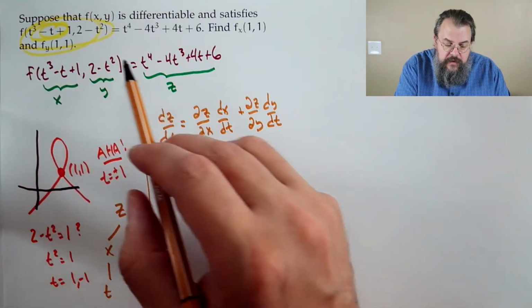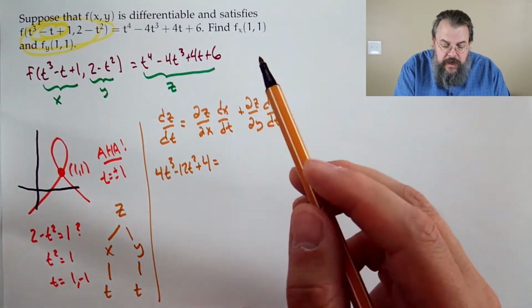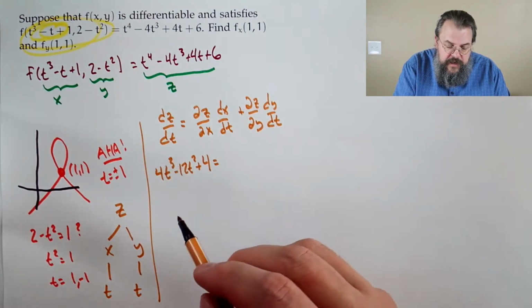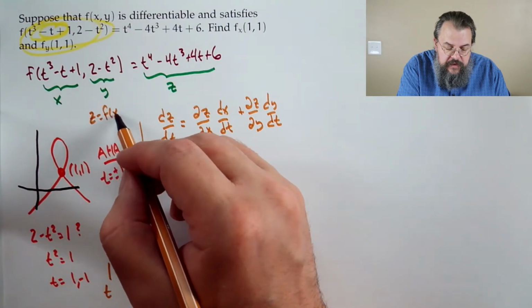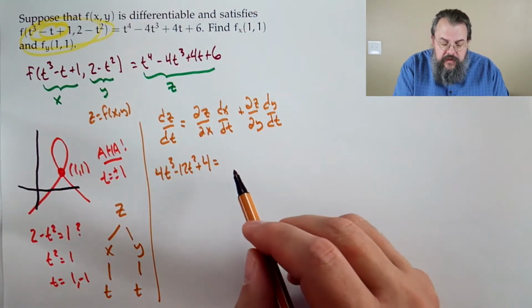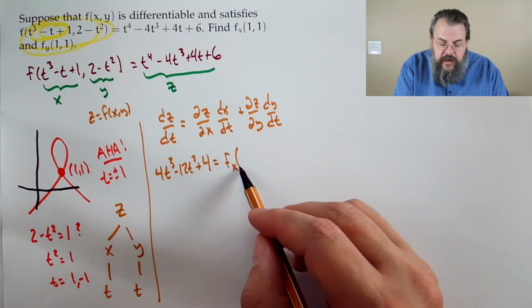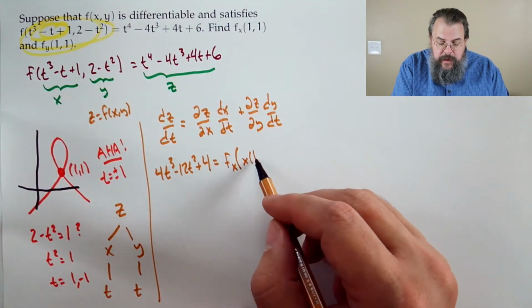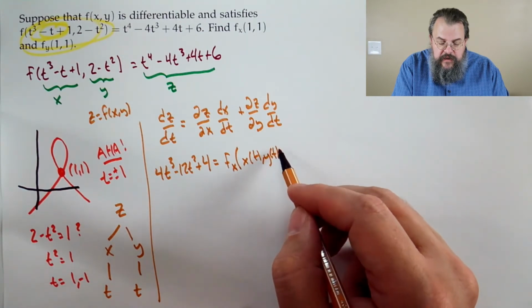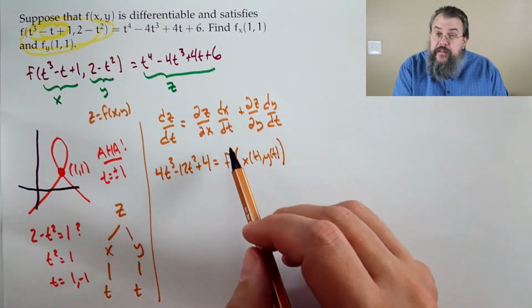We didn't write it down anywhere, so we'll write it over here: z is f of x comma y. So that's f sub x of x of t comma y of t, just shorthand, times dx dt.